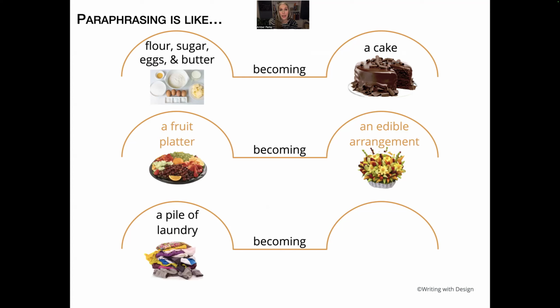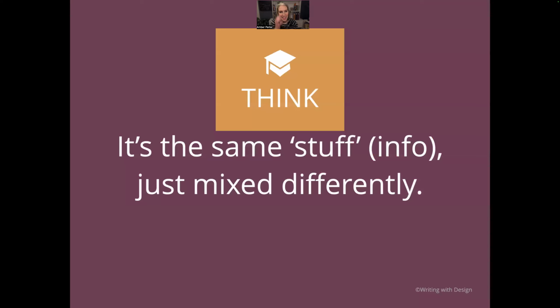Well, we can fold those and create a nice folded pile of clothing. So again, same information, same stuff, just mixed up differently. And in this case, organized, right? So that's really what we want students to think about when they hear the word paraphrase, is that it's the same stuff, it's just mixed up differently.